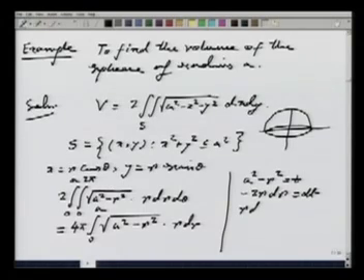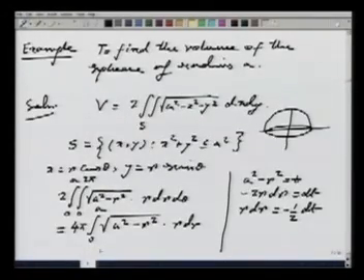That means r dr is equal to minus half dt, and the limits of integration change. If r is equal to 0, then t equal to a square. If r equal to a, then t equal to 0.